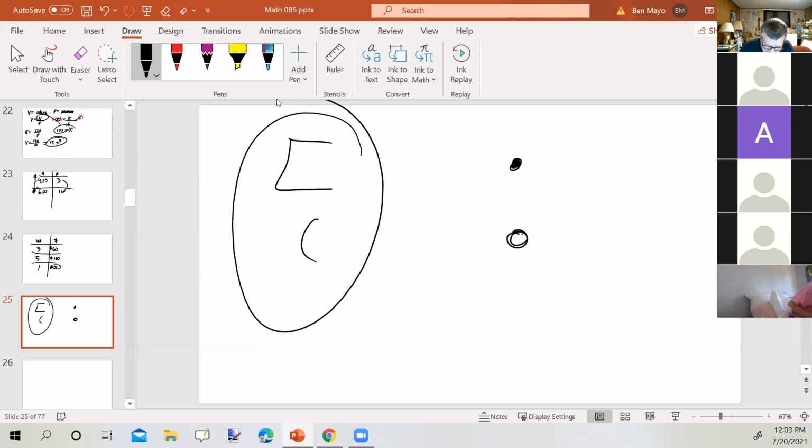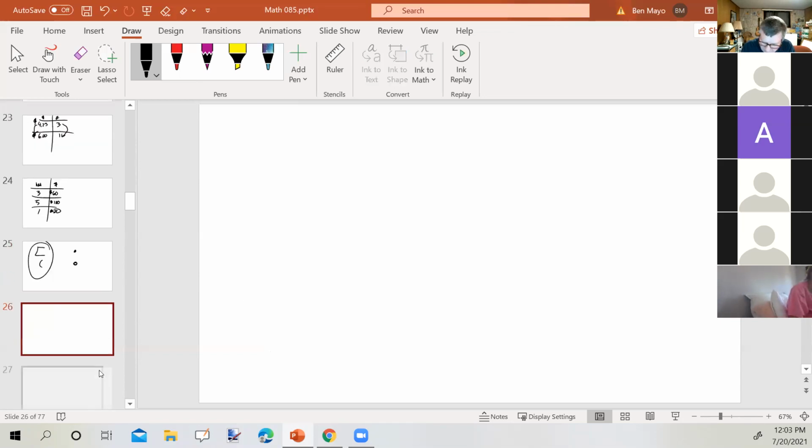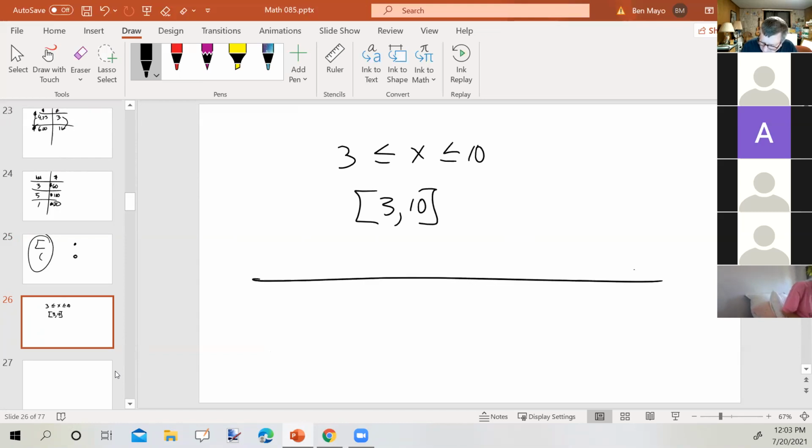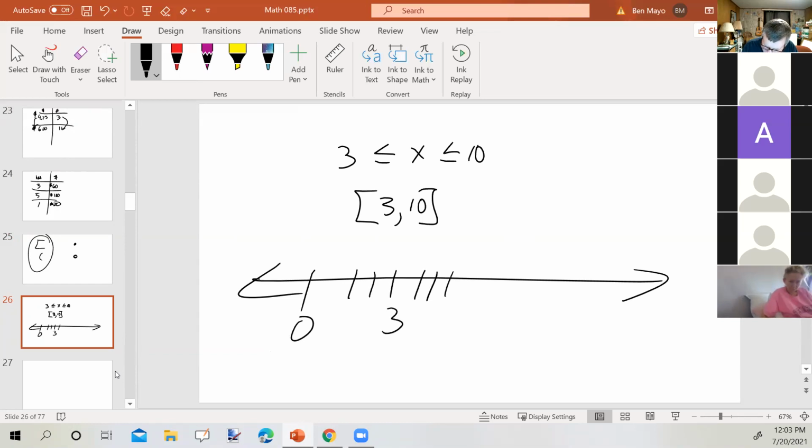Okay, so let's say, for instance, I've got the following situation. I've got 3 less than or equal to x less than or equal to 10, okay? So the interval notation would look like this, and the graph would look like that.